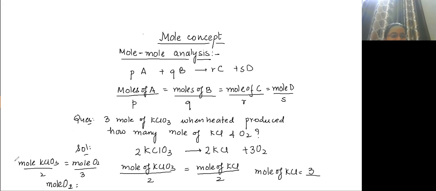Cross multiplied will be 3 by 2 into moles of KClO3. And what is moles of KClO3? Moles of KClO3 is 3. So moles of O2 will be 9 by 2.